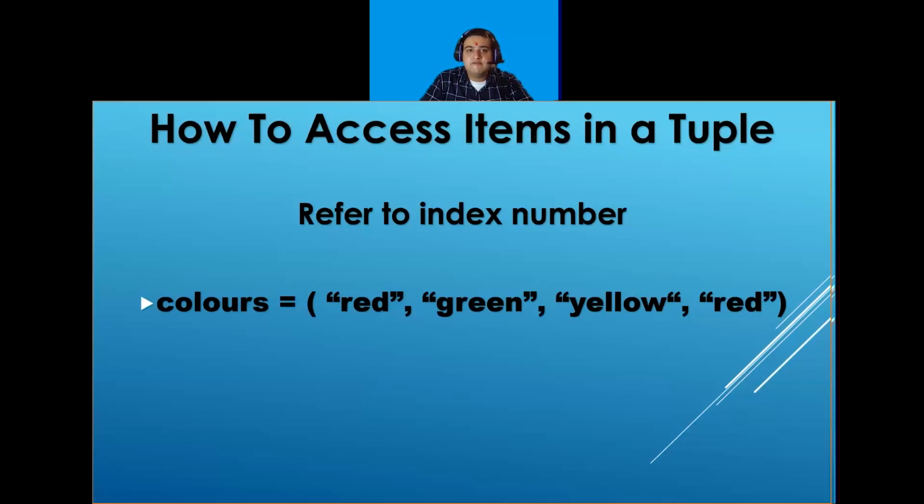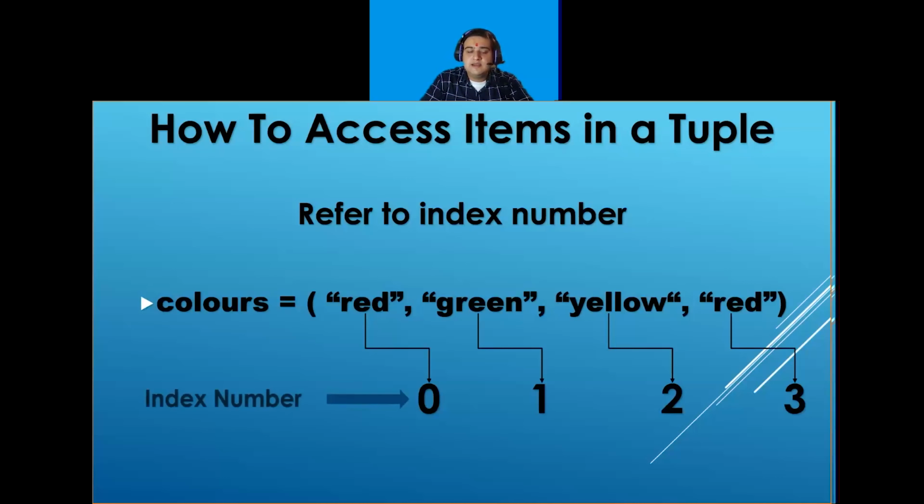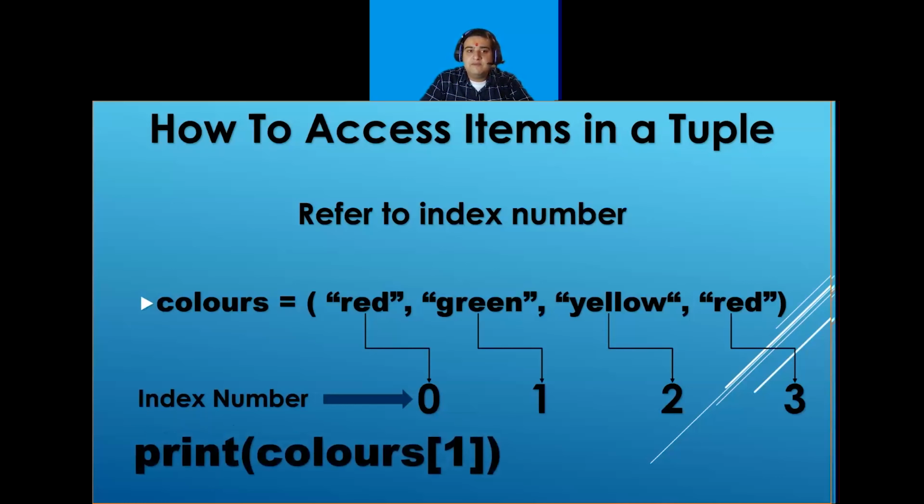The index number of red is 0, green is 1, yellow is 2, and again red is 3. So these 0, 1, 2, 3 are the index numbers. If I want to print green, I will refer to the index number 1. So I will write print, call the variable colors, and point to the index number 1. This will give me my output as green.